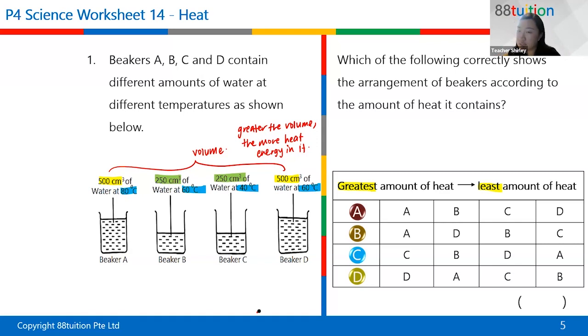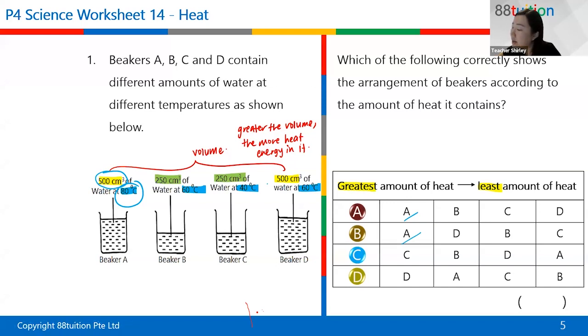The amount of heat is highest, the temperature is higher, so it's the hottest. Now that we know the volume as well as the temperature, we have to compare in terms of the amount of heat. So the one with the greatest amount, of course, is the one with the highest volume and the highest temperature. So A is the one with the greatest amount of heat.